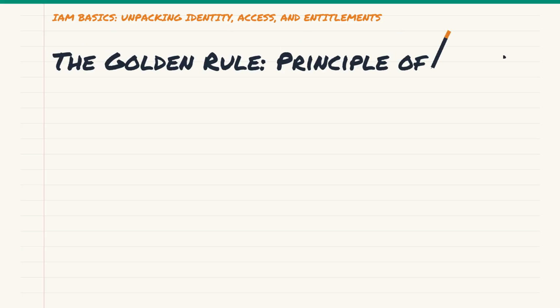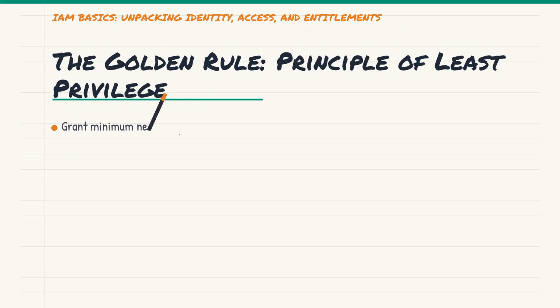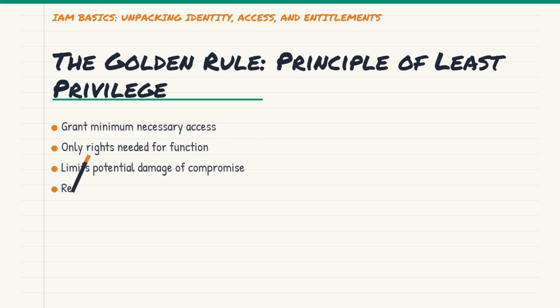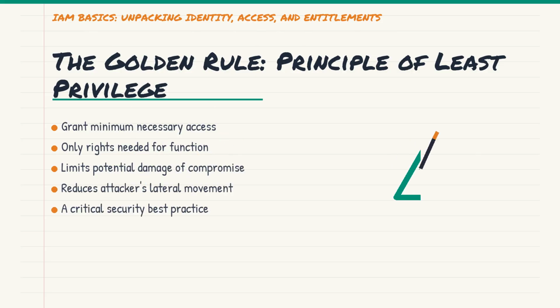Here's one of the most important concepts in IAM, the principle of least privilege. This golden rule states that any identity, whether human, machine, or service account, should only be granted the absolute minimum access rights necessary to perform its intended function, and nothing more. If a customer service rep doesn't need to delete customer data, they shouldn't have that permission.